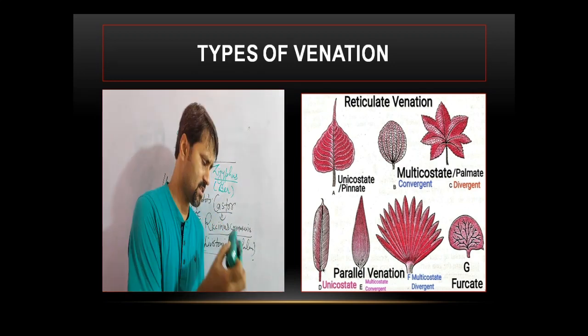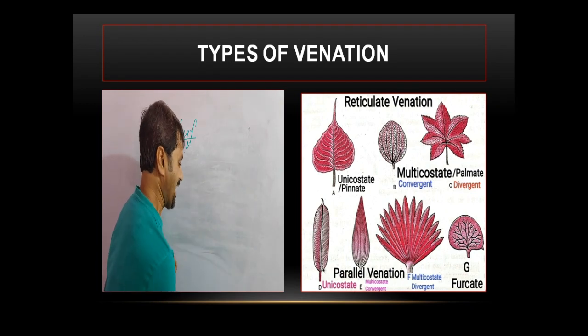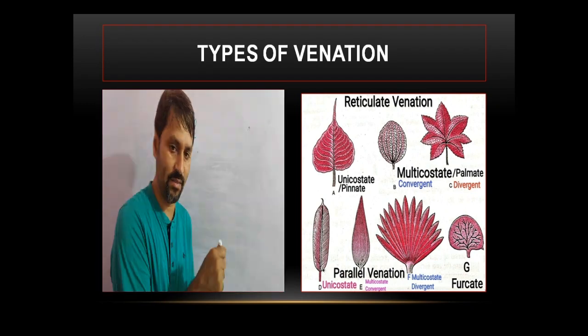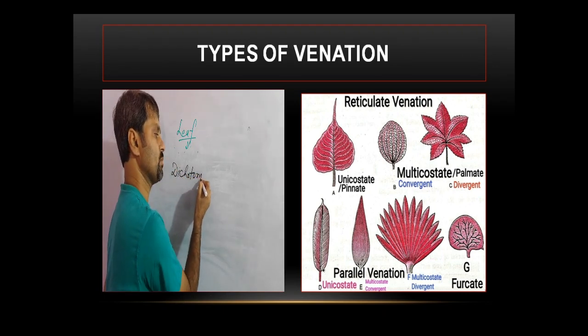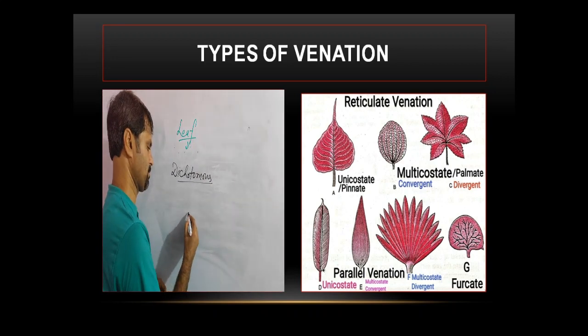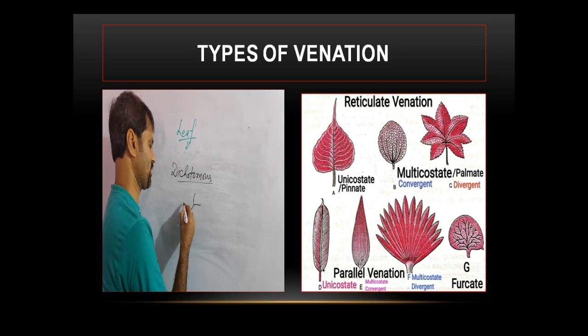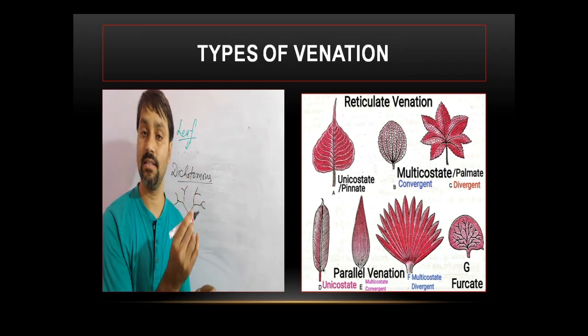One more is remaining here, and it is the furcate one. Furcate, as you might have discussed in the stem, dichotomous branching. What is the dichotomous pattern? Basically, the apex will divide into two. जो topmost part होता है वो दो में divide हो जाता है. Here the midrib is dividing like this.